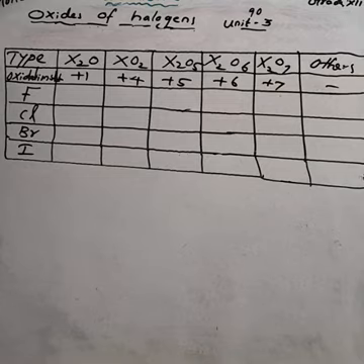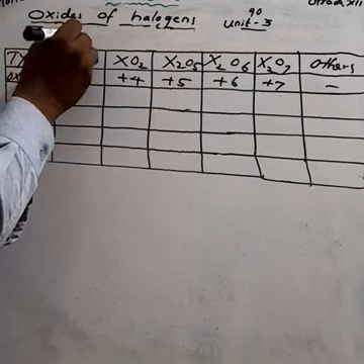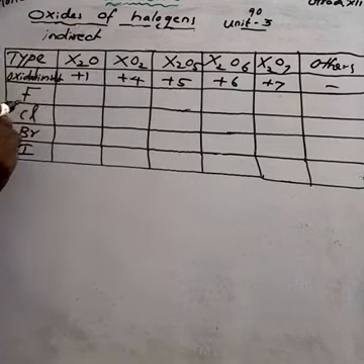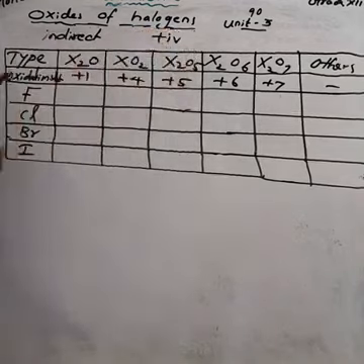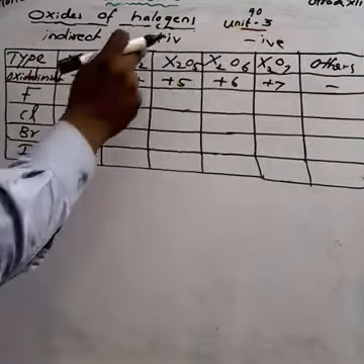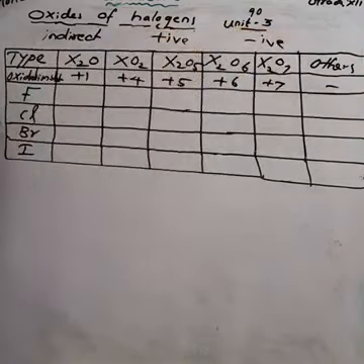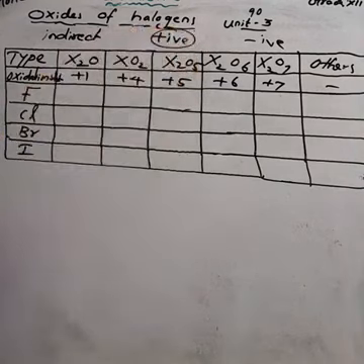Some of the oxides can be prepared by some indirect method. Except fluorine, all other halogens have positive oxidation states. Fluorine only has the negative oxidation state. Chlorine, bromine, iodine have positive oxidation states.